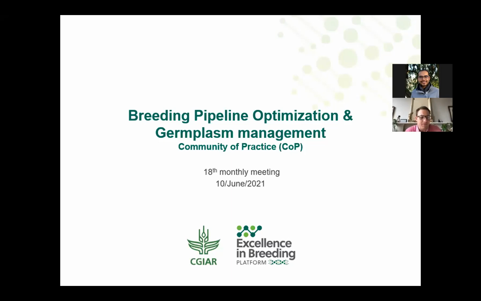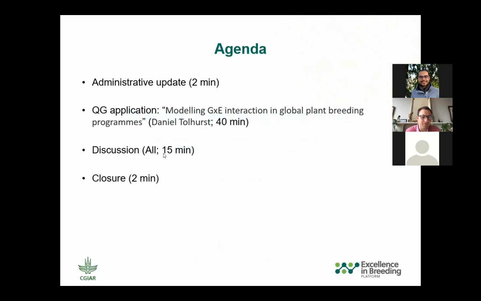This is the 18th occurrence of the Community of Practice meeting. The agenda for today is that we'll have Daniel Tolhurst from the Roslin Institute, but I will let Daniel introduce himself. He will be talking about modeling GxE interaction in global plant breeding programs.